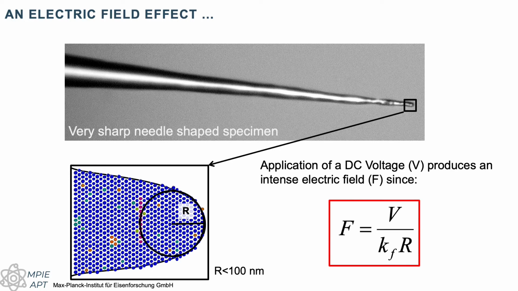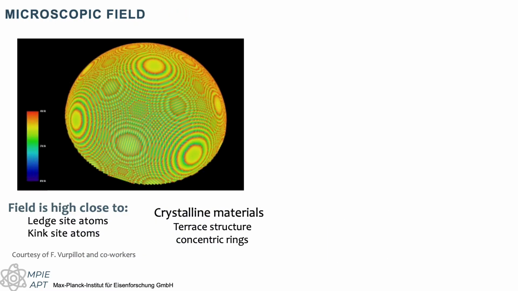And in such a case, the field is the voltage divided by the radius, with a constant here which we call the field reduction factor, or field factor, which some of you might be familiar with. The thing with the field is that it gets distributed according to the surface curvature.